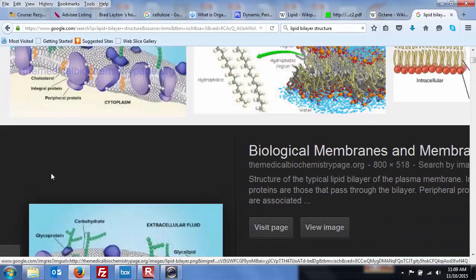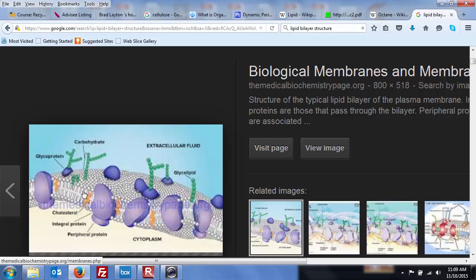All these funny little two-legged, one-headed beasts are lipids. They actually form the boundary between the inside of the cell and the outside of the cell. All these proteins sitting in there, frequently those will be actual ion channels, the things allowing sodium, potassium, et cetera, to pass back and forth through the cell.